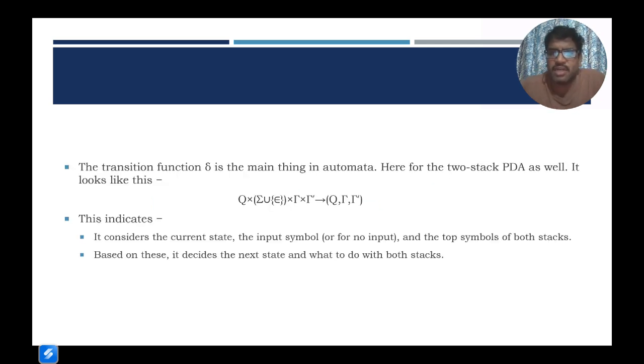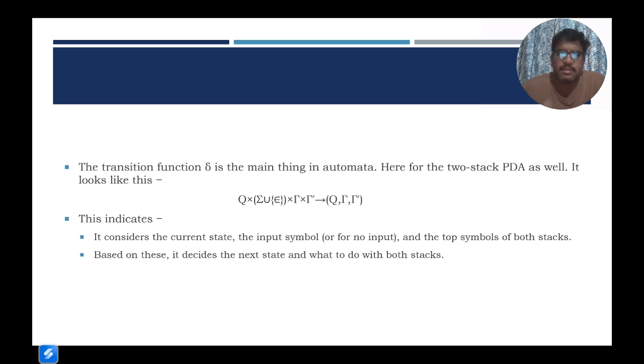The transition function delta is the main thing in an automata. For the two-stack pushdown automata, it looks like this: delta maps Q cross sigma union epsilon cross the first stack alphabet tau cross the second stack alphabet tau dash, giving Q, the first stack values, and the second stack tau dash symbols.